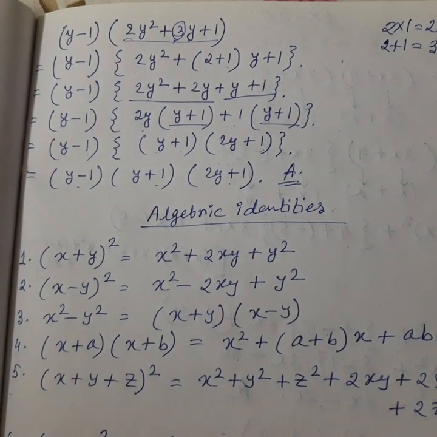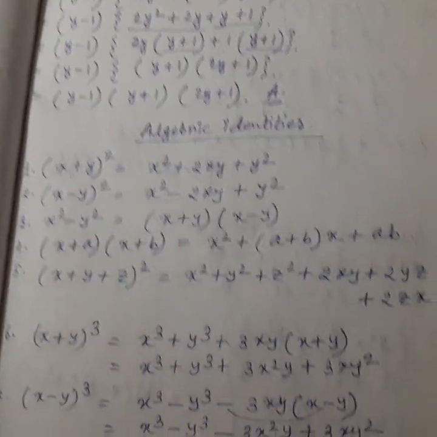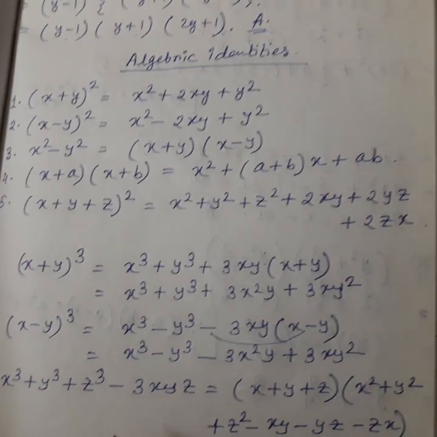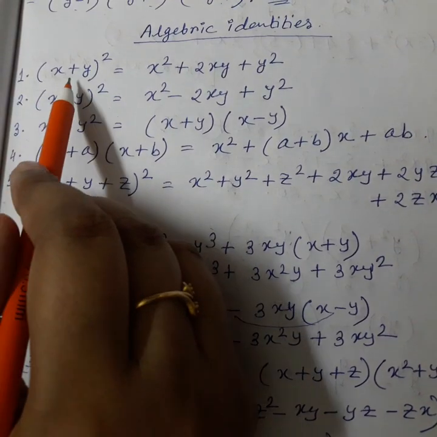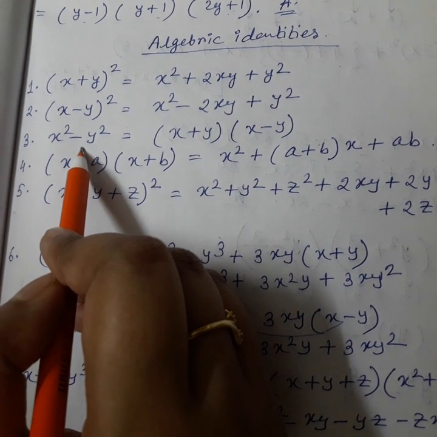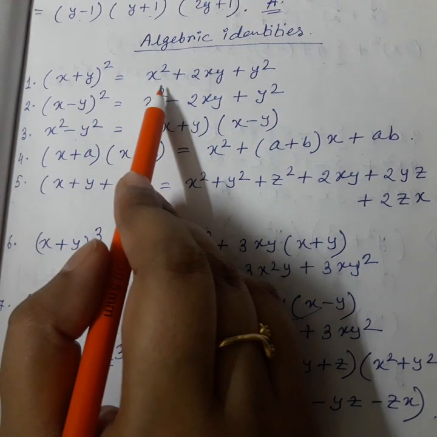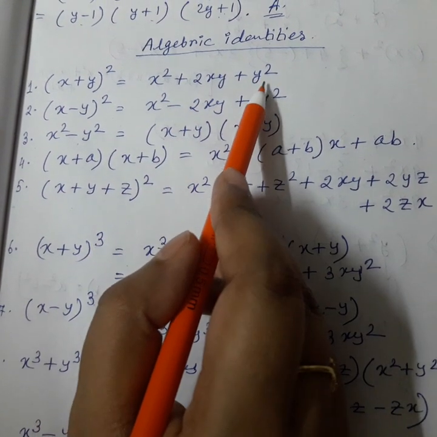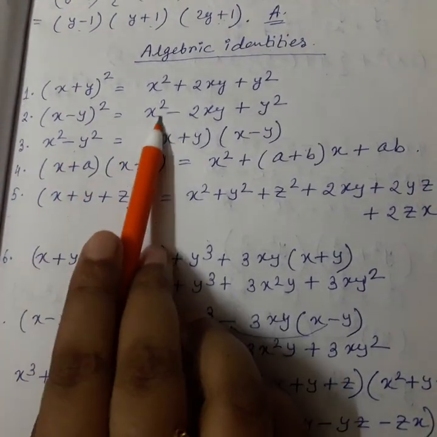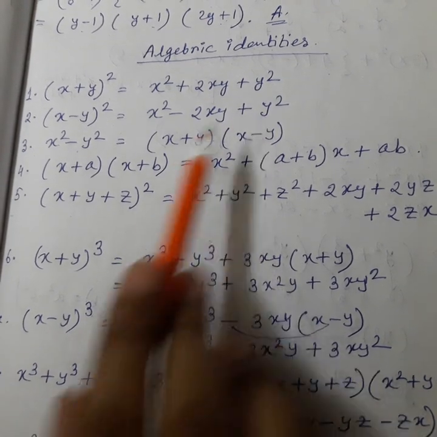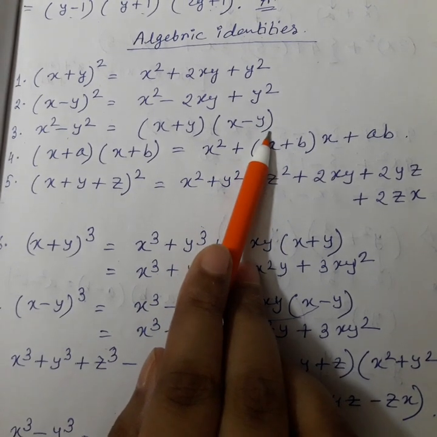Now before starting the next exercise, exercise 2.5, some identities you have to remind, and you have to use those in the sums. The first 3 identities all of you know, you have already done them in class 8. x plus y whole square equals x square plus 2xy plus y square. x minus y whole square equals x square minus 2xy plus y square. x square minus y square means x plus y into x minus y.